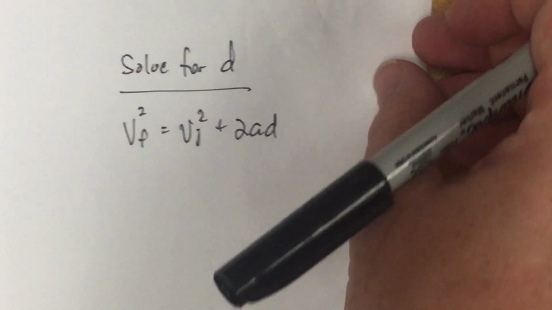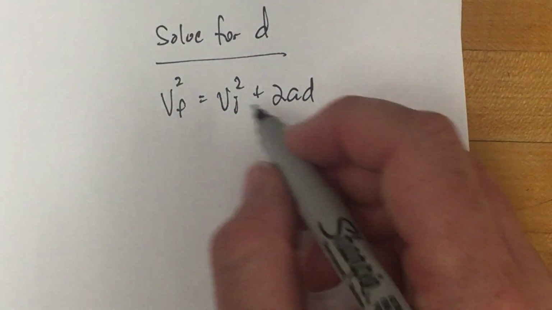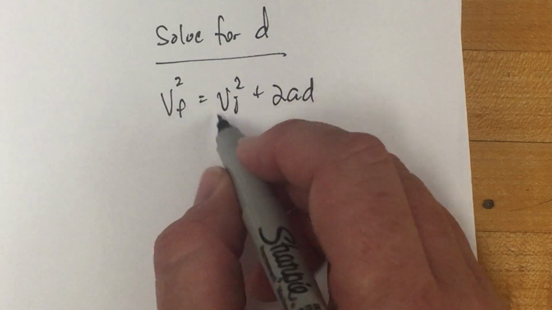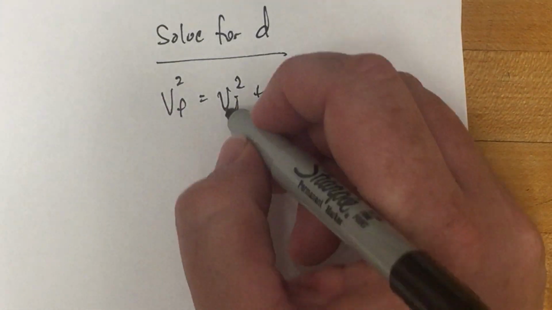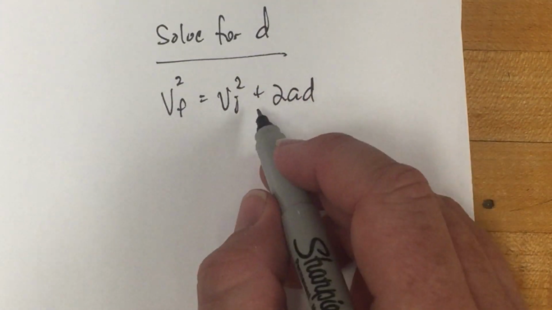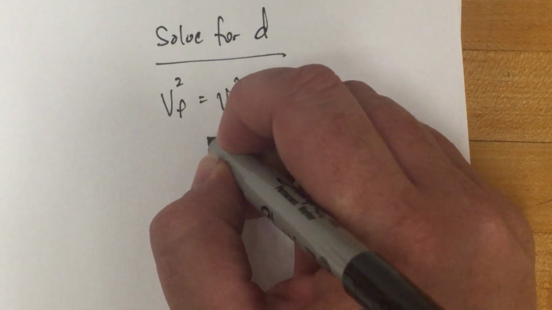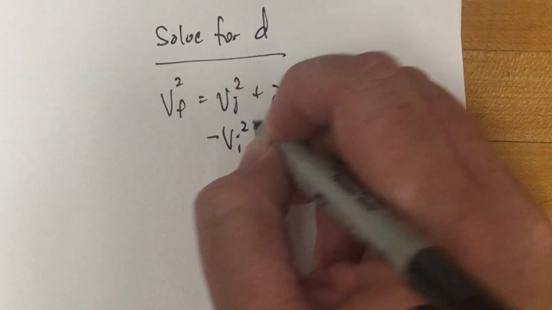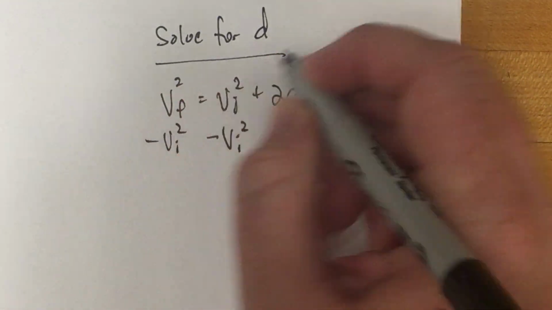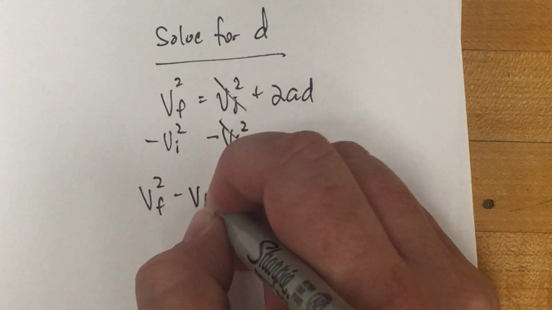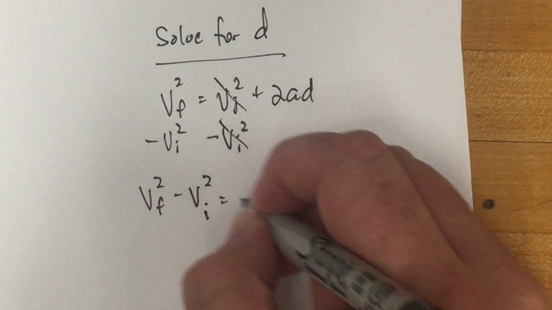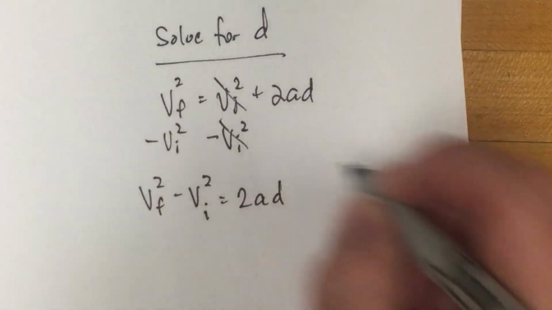Solving for d is similar. I have Vf squared equals Vi squared plus 2ad. I need to bring the Vi squared over there. Currently it's being added to this. The opposite is subtracting, so I'll do that on both sides. And I have Vf squared minus Vi squared equals 2ad.